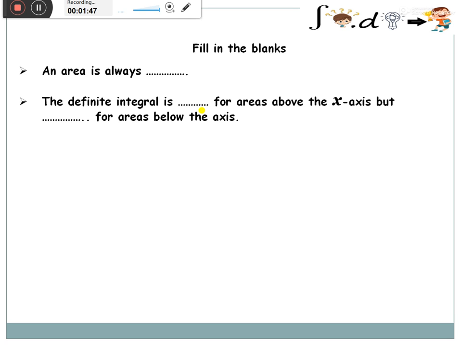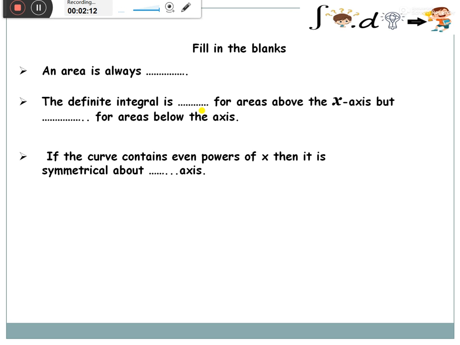Yes, the definite integral is positive for the areas above the x-axis but negative for the areas below the x-axis. But area is always positive, and therefore for below the x-axis we remove this negative sign. That means we have to take the modulus of this.